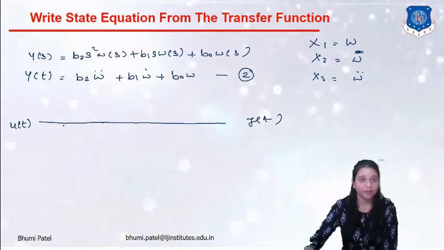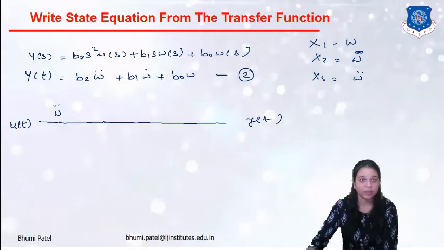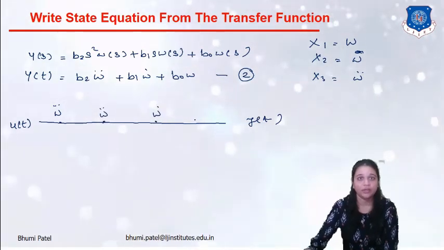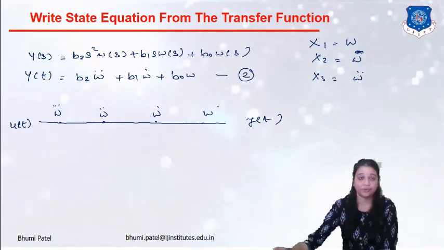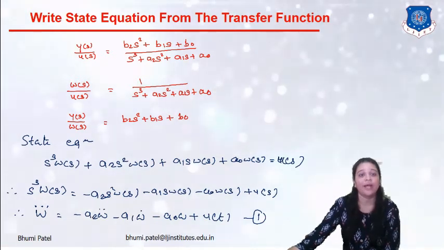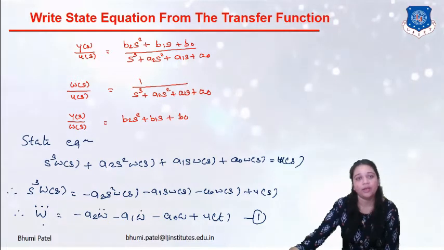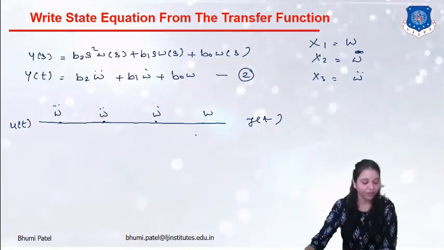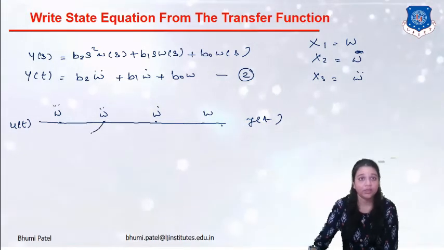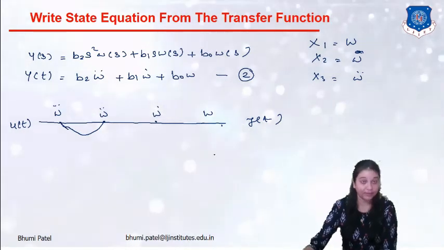This is my w triple dot, this is my w double dot, this is my w dot, and this is my w. So using the equation of w triple dot is equal to minus a2 w double dot, our input is w double dot and output is w triple dot. So starting with the w double dot and ending with the w triple dot, the coefficient is minus a2.